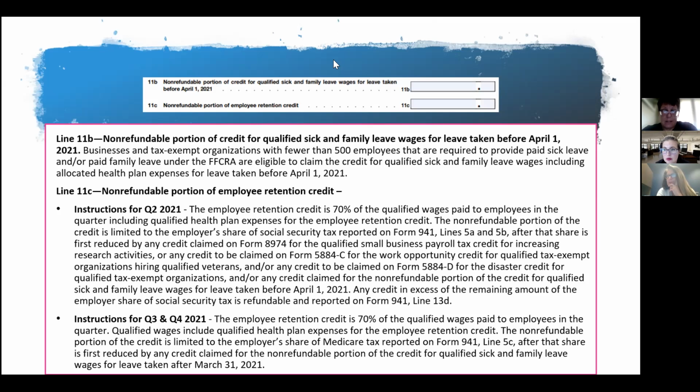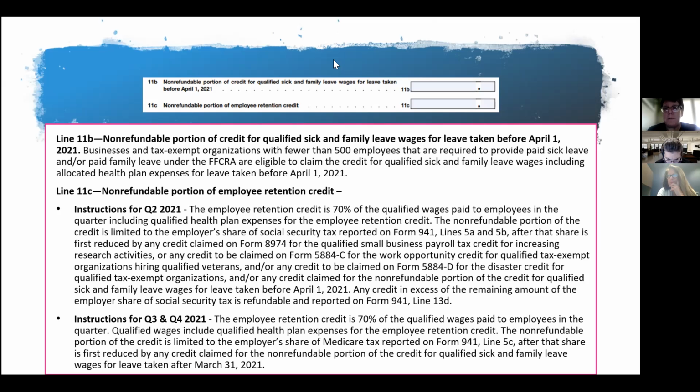How you qualify for the employee retention credit is if your income is 80% of what it was in 2019 for the same quarter. I think it's 80, yeah, it was 80%.